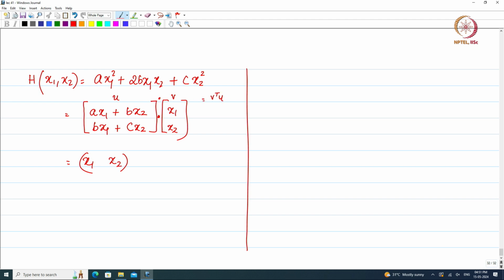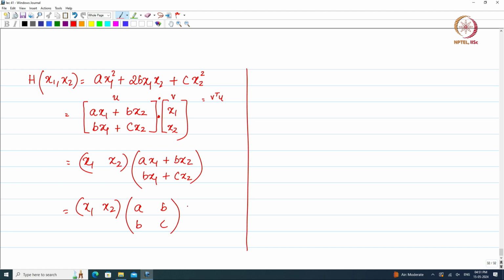So, I am going to have x1 x2 transpose, that is basically the transpose of this vector v, and I am going to have a x1 plus b x2, b x1 plus c x2. Now, this I can write again as x1 x2 into the matrix a b b c into x1 x2.